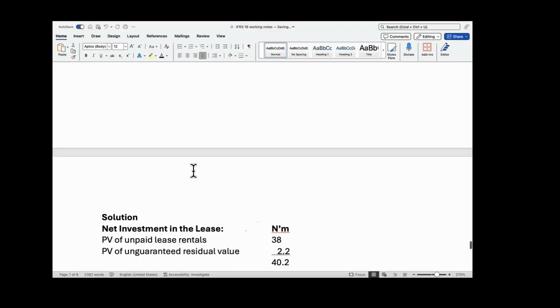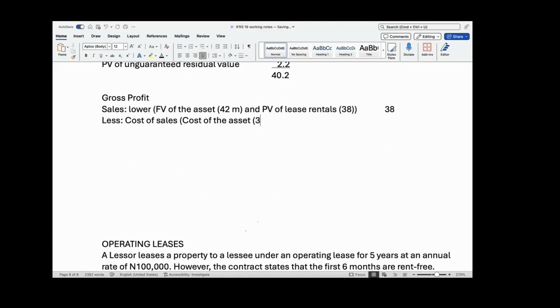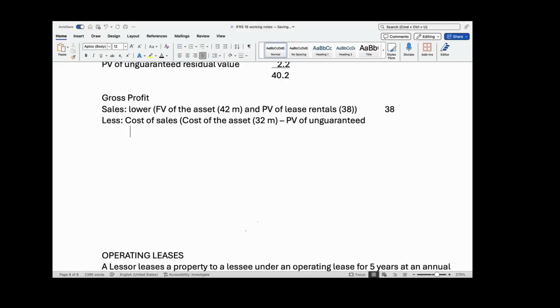That's 32 million minus PV of unguaranteed residual value, which is 2.2 million. So can you do 32 minus 2.2? That should be 29.8. Can you confirm, please?